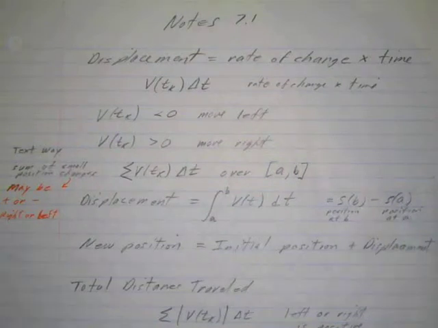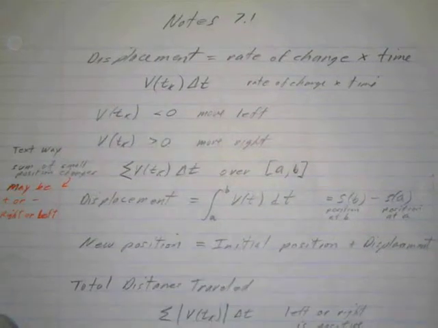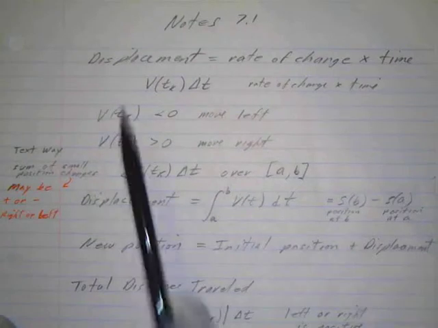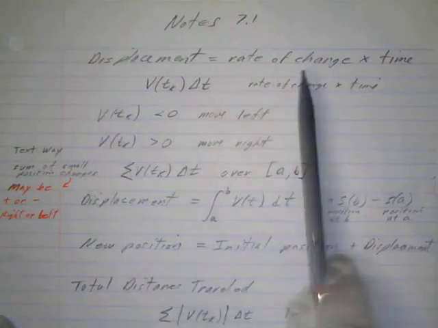So we're going to be looking at this now rather than from the position function like we did back in chapter 3. We're going to be looking at it in terms of the velocity function, realizing that the derivative of the position function is the velocity function. And the velocity function will be in like feet per second or miles per hour. And if we want the displacement, that would be the rate of change times the time.